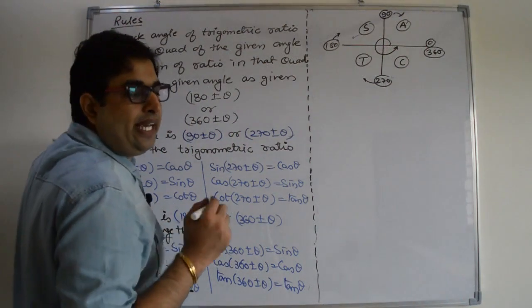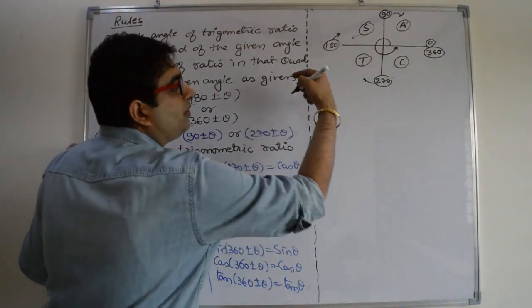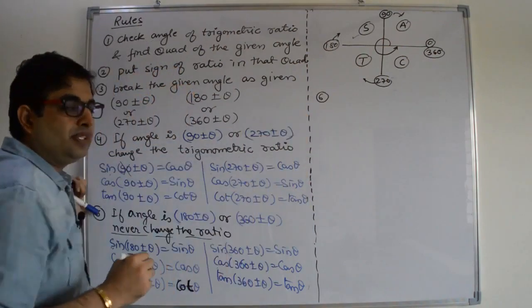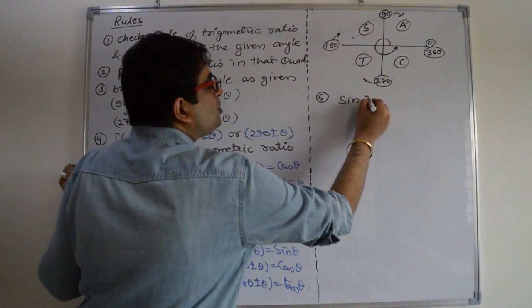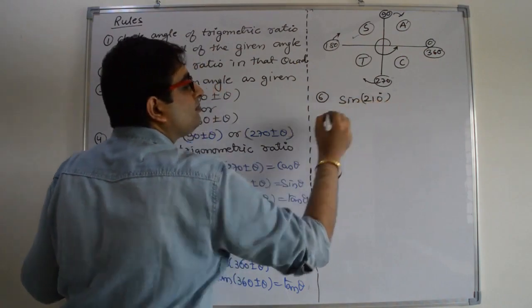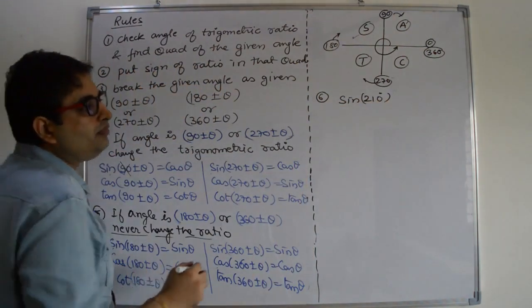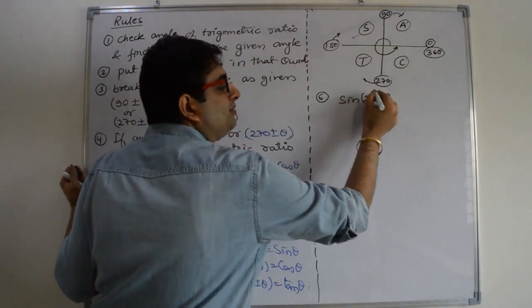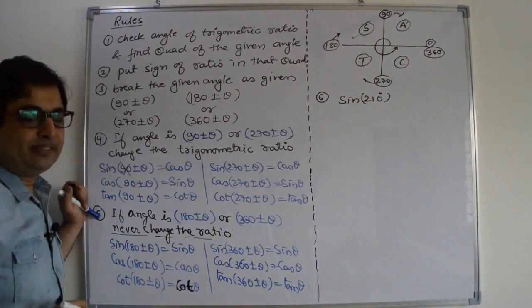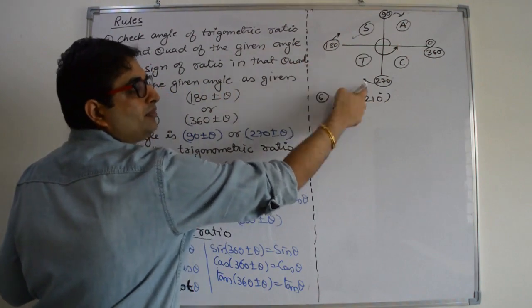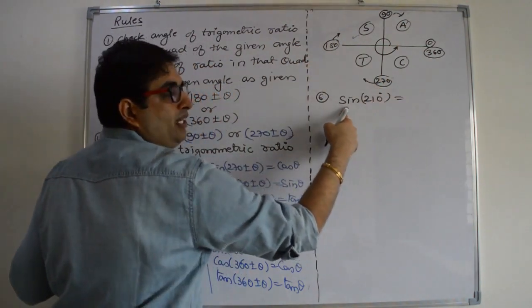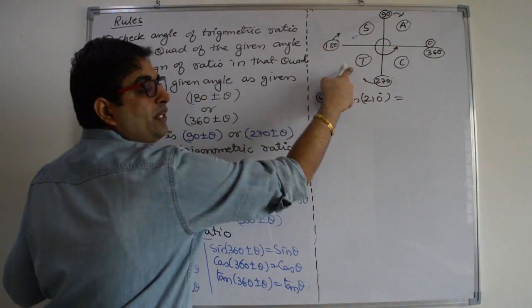Now let us take angle more than 180 degree. Let us take sine 210 degree. Right? Check the angle. It is 210. Quadrant third. Sine negative. In third quadrant tan is positive.